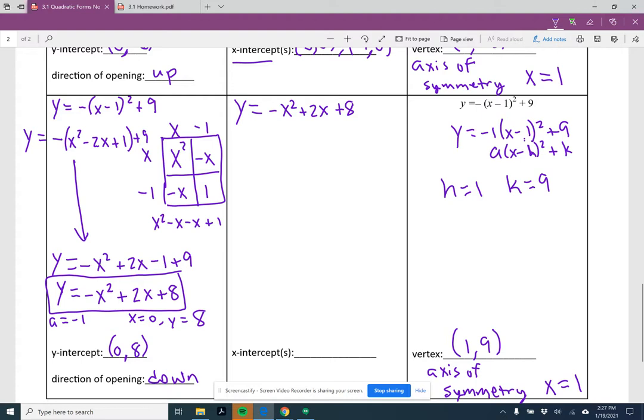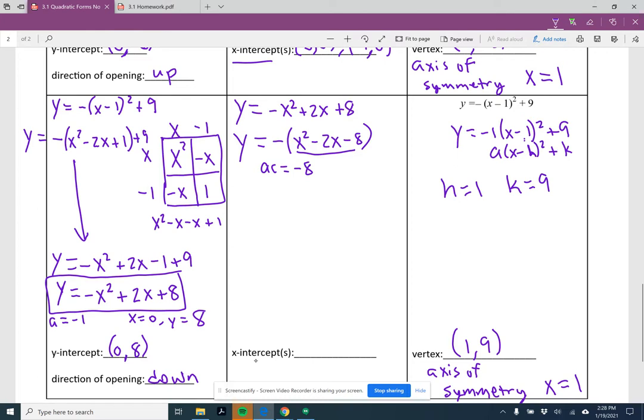I'm going to start from the standard form, and I'm going to go to the factored form. So we're going to factor out a negative. And then we're going to look at A times C for what's inside the parentheses, not just work with what's inside the parentheses.